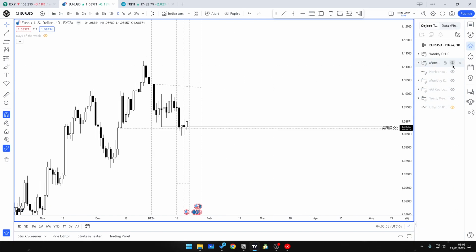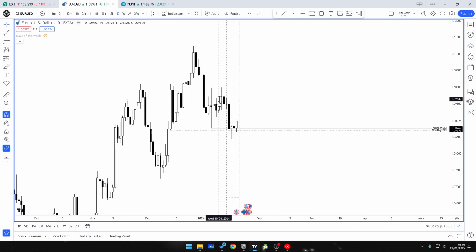So let me just deactivate the monthly 5th time zone, and you can see that we have the weekly drawn equity on the downside.